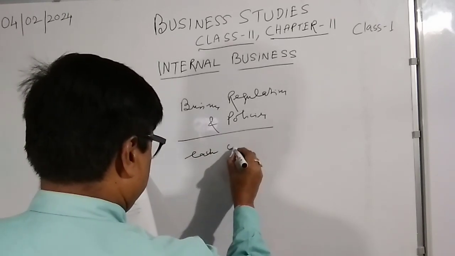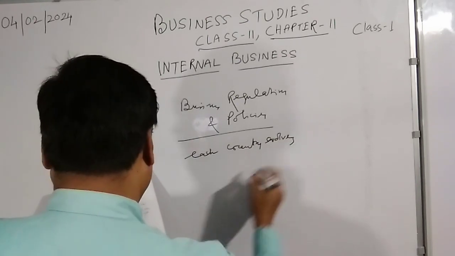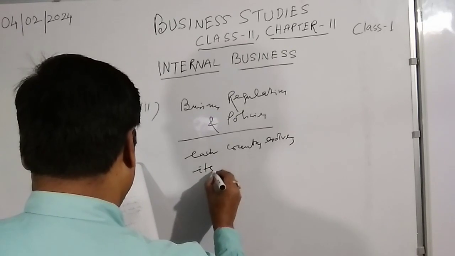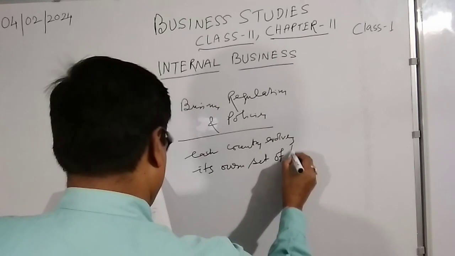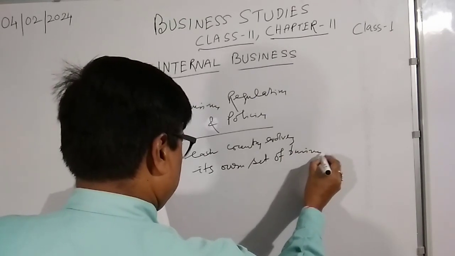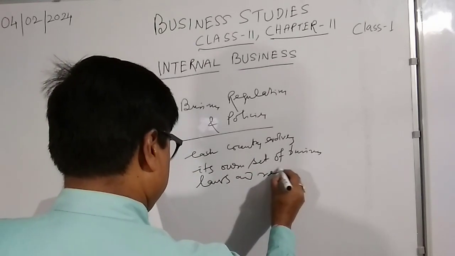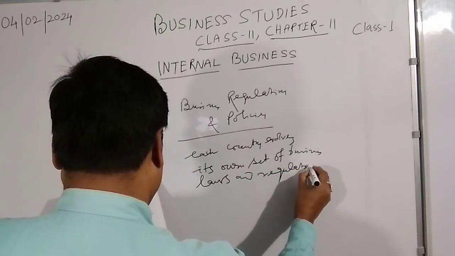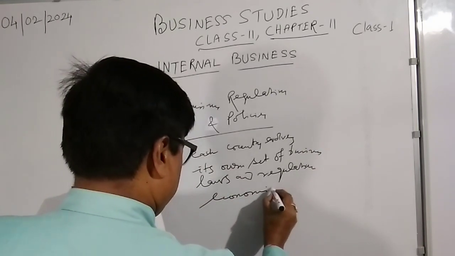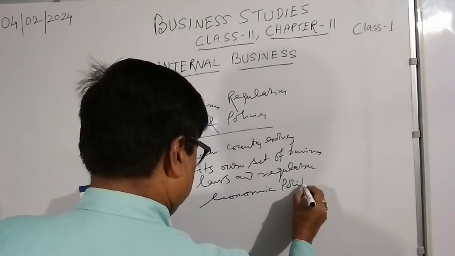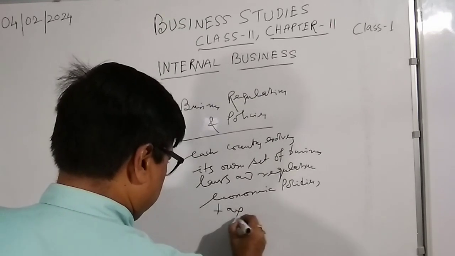Each country evolves its own set of business laws and regulations, economic policies, tax structure, etc.